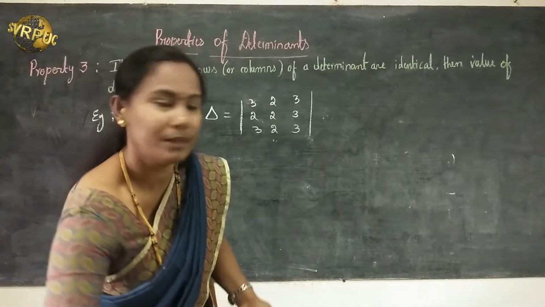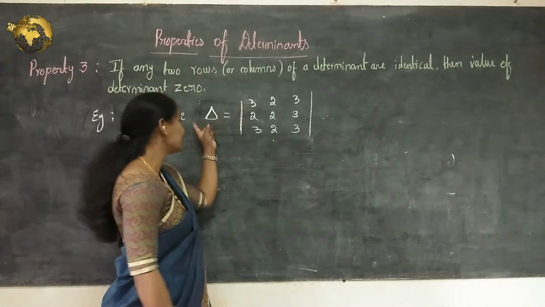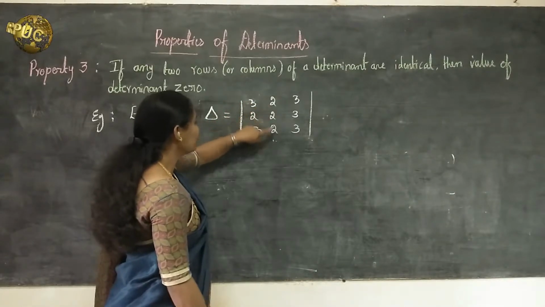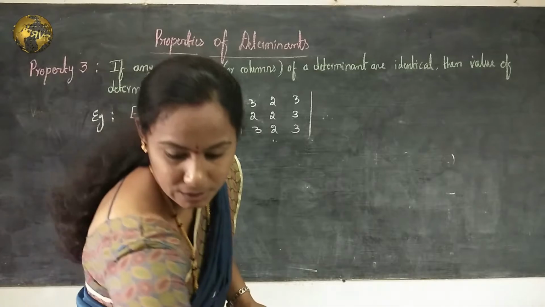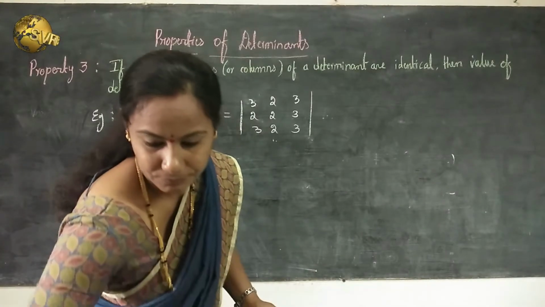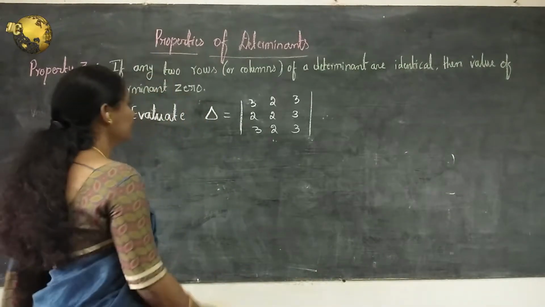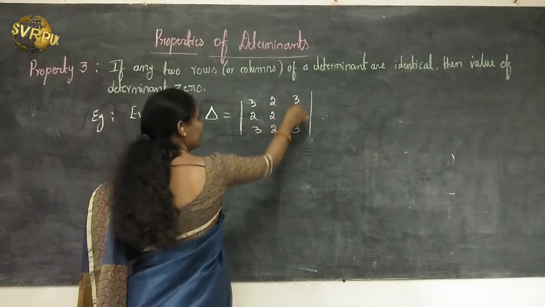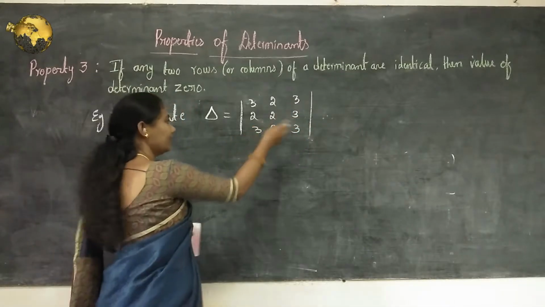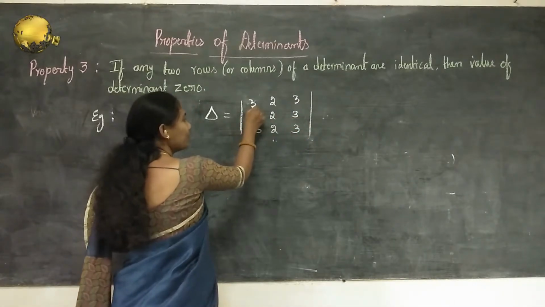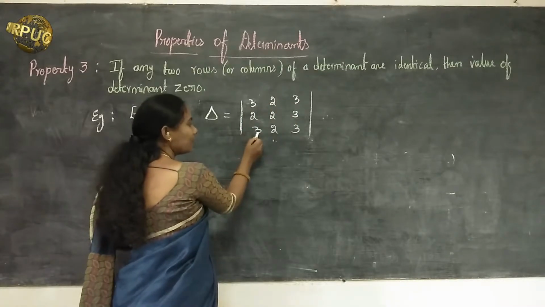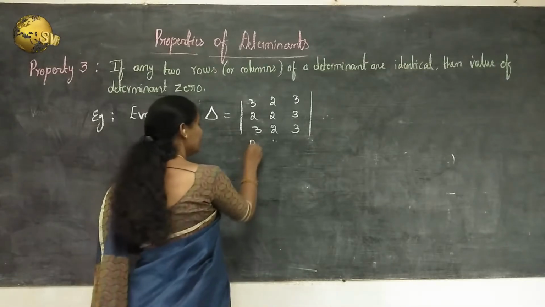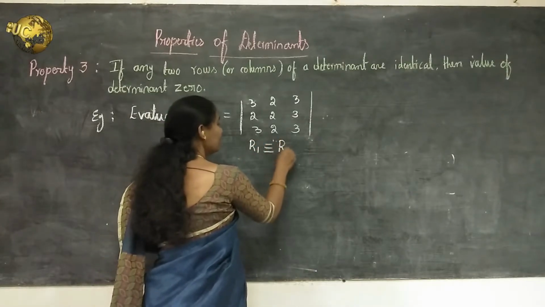You can take any example. Just see, in the first row 3, 2, 3, and again in the third row 3, 2, 3. So R1 and R3 are identical here.